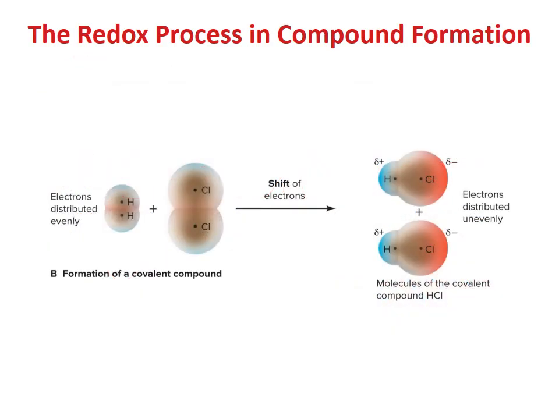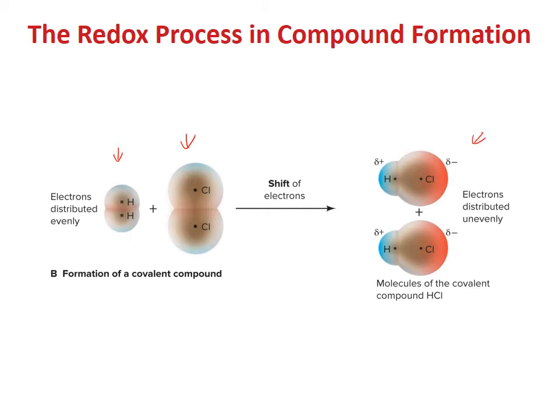In the last slide, we showed a redox reaction involving ionic compounds. Here we show a redox reaction involving covalent compounds. Hydrogen is a non-polar molecule, a covalent compound. Similarly, the chlorine molecule is also a covalent compound. When these two combine together, they form hydrogen chloride.